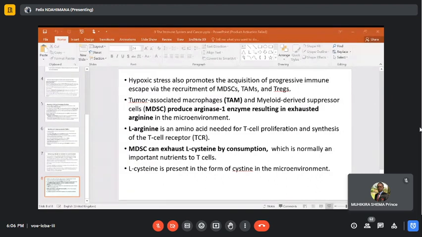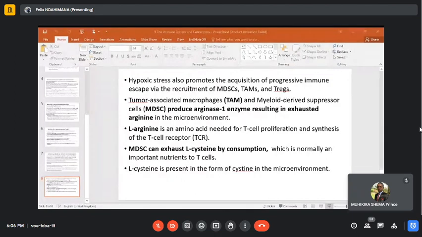So they are exhausting everything from the environment. These enzymes are going to digest the arginine, which is an amino acid which was really necessary in the T cell receptor synthesis.